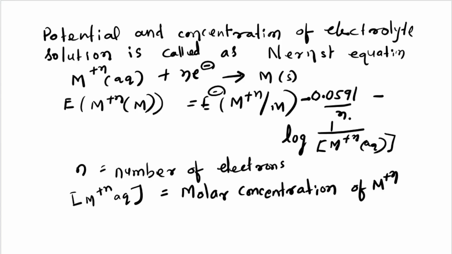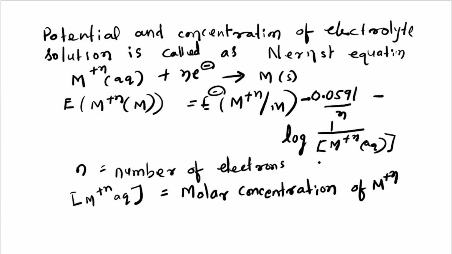What is n? n is the number of electrons. When the reaction is going on, the number of electrons is very important. So minus log 1 by M plus n aqueous, that means here the concentration.